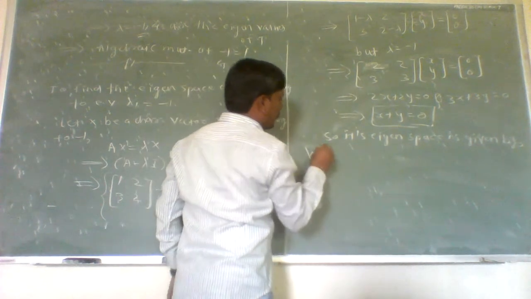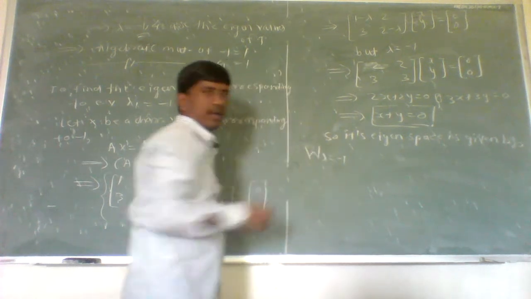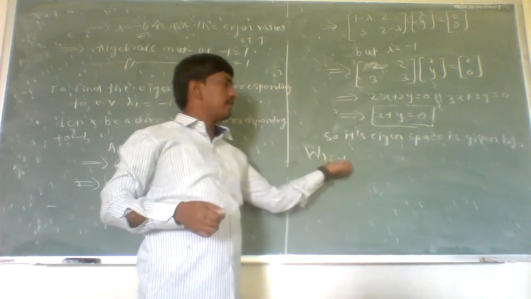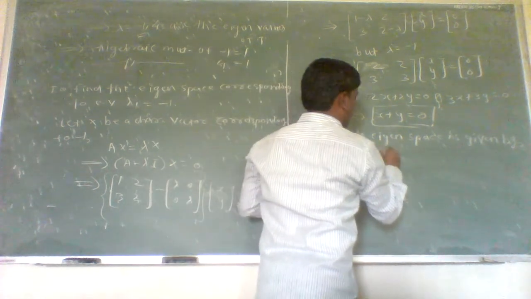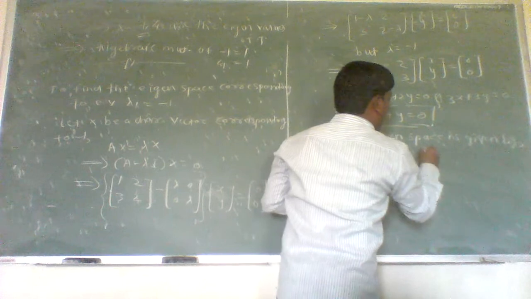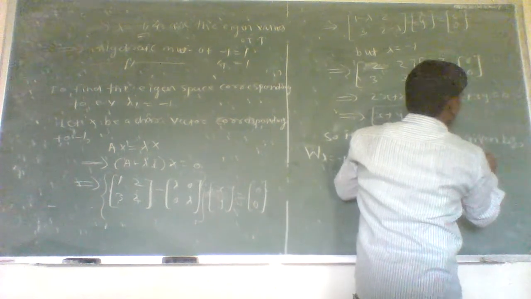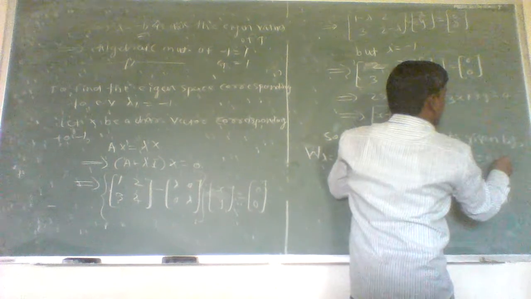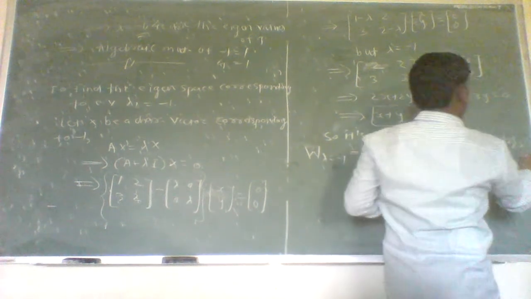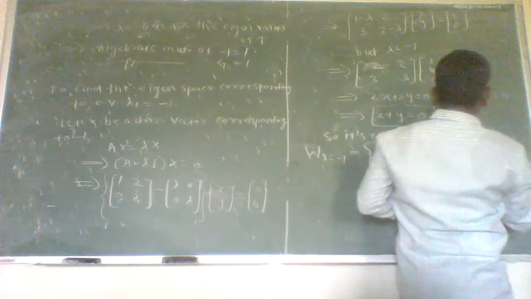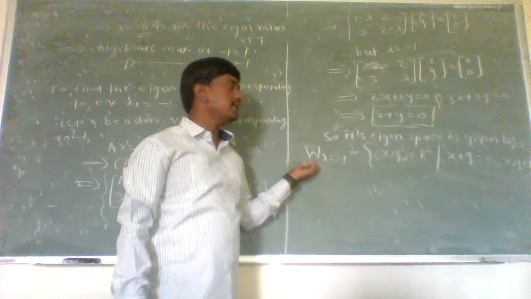Let us denote it by W of lambda, where lambda is here minus 1. The eigenspace of eigenvalue minus 1 contains all eigenvectors x, y belonging to R2 such that x plus y equals 0, whenever x, y belong to the real numbers. So it is a collection of eigenvectors, which is nothing but the eigenspace.